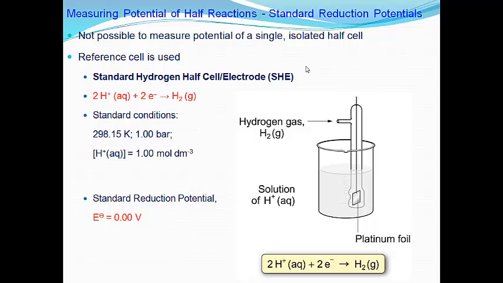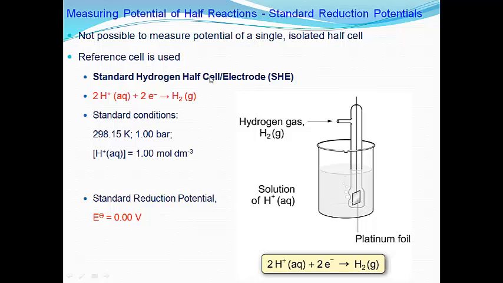Remember that a redox reaction involves both oxidation and reduction, so how are we able to measure the potential, the voltage, associated with the oxidation and the voltage associated with the reduction? We do that by referencing the oxidation half reaction and the reduction half reaction with respect to what we describe as a standard hydrogen half cell, or a standard hydrogen electrode, the SHE.